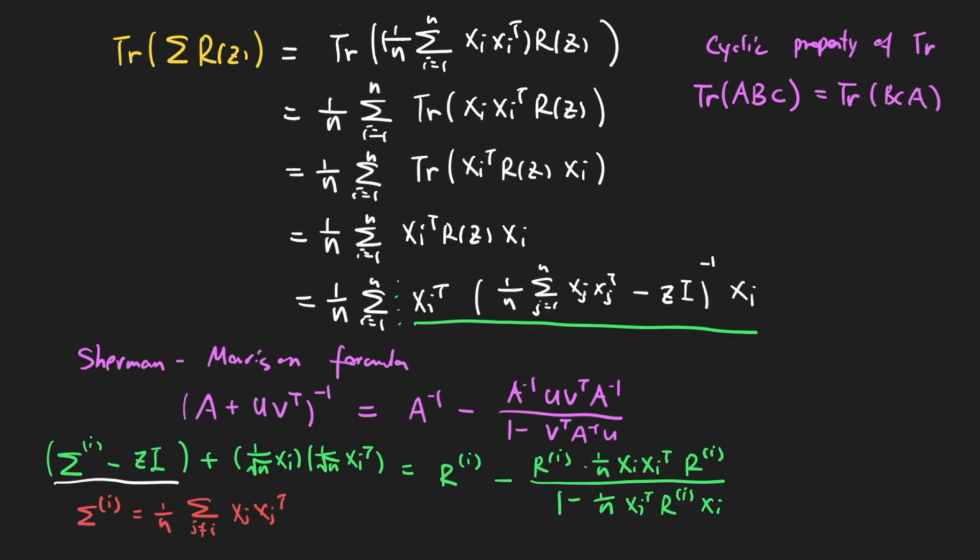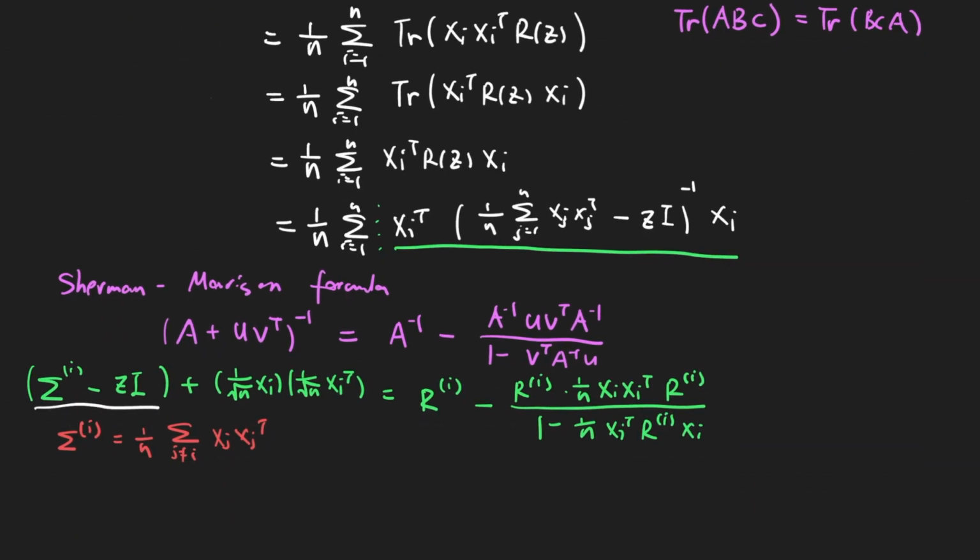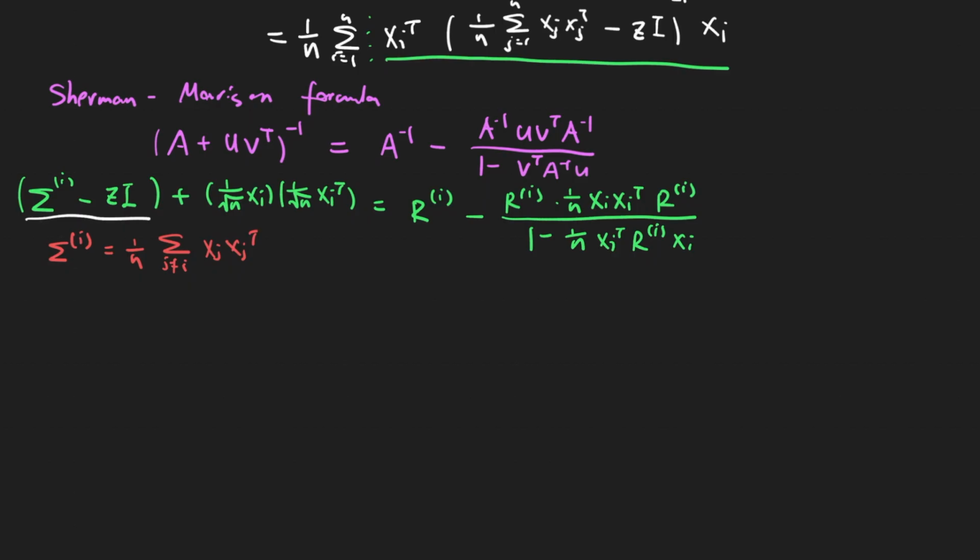Okay, so now we can actually look at this quadratic form. Let me spell it out. The part we are interested in is xi transpose R times xi. I should be clear here that we just applied the Sherman-Morrison formula on the resolvent R, and now we are interested in the quantity xi transpose R times xi.